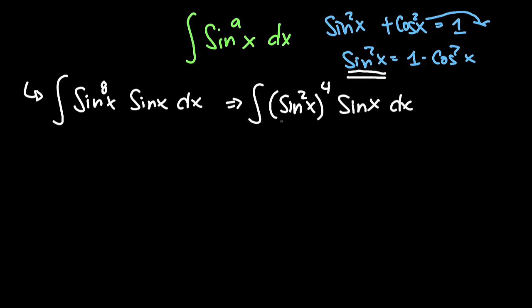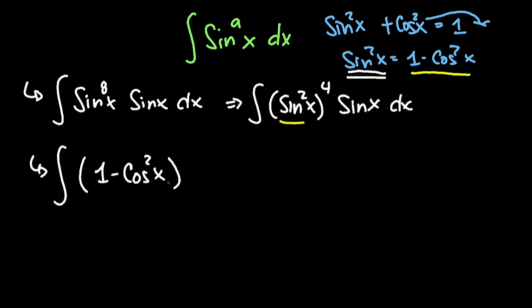Now that we have this, we would want to transform it. Rewriting that, this would be the integral of 1 minus cosine squared of x raised to the power of 4 multiplied by sine of x dx. Now that we have this, we would want to expand this. This is a binomial theorem with the exponent of 4.